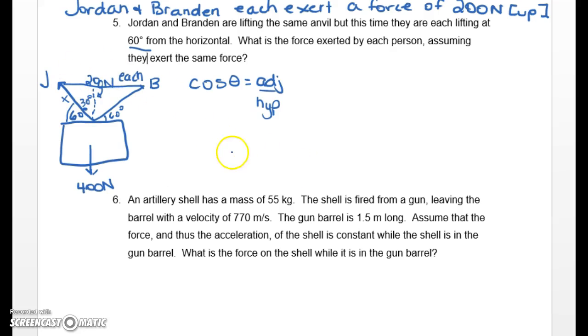Then we'll go ahead and plug in our information here. So we have cosine of 30 degrees is equal to your adjacent, which we know is 200, over your hypotenuse, which we can let be x. We can write cosine of 30 over 1, and we can use cross multiplication to solve. So we have x times cosine of 30 degrees is equal to 200.